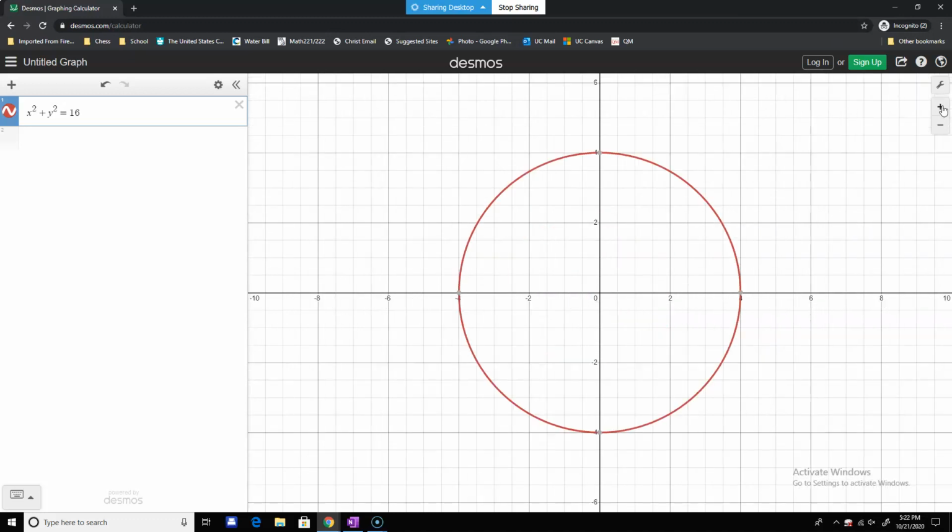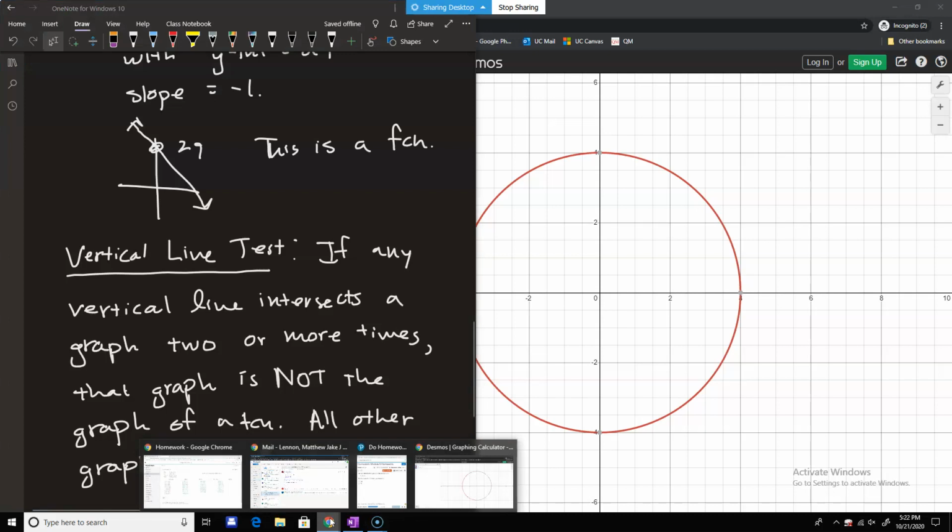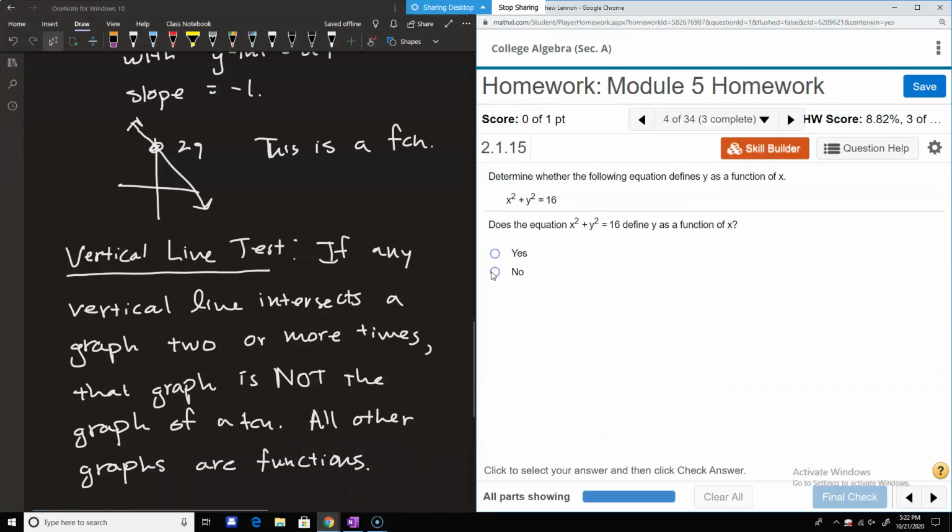Remember, essentially x squared plus y squared is always going to be a circle centered around the origin, and you can tell how big it is. The number that it's set equal to is the radius squared. So notice this has a radius of 4. 4 squared is 16. So the circle, although it's a fairly common shape from geometry, does not represent a function for us, right? Almost every vertical line is going to intersect the graph 2 places here. So this is a no.